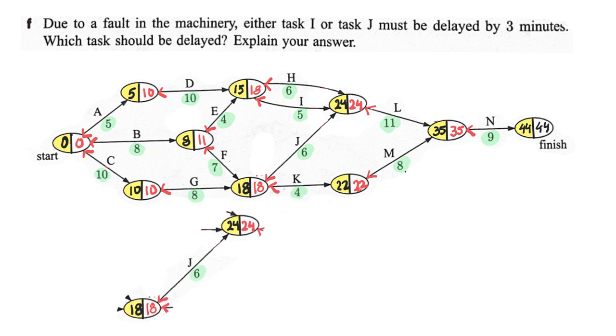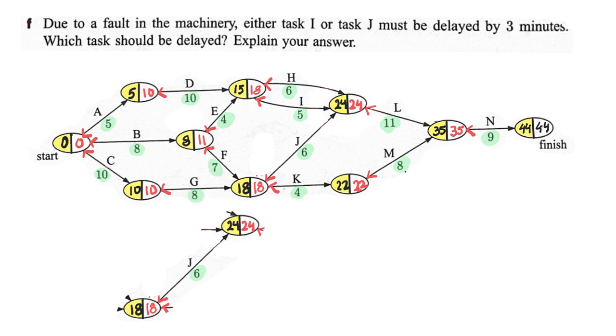Well, we've got 2 critical tasks here surrounding task J. This is a critical task because we've got 18 as the earliest time and 18 as the latest time. The same thing goes after you've done task J. You've got 24 minutes earliest time and 24 minutes latest time. Obviously, we cannot delay task J.